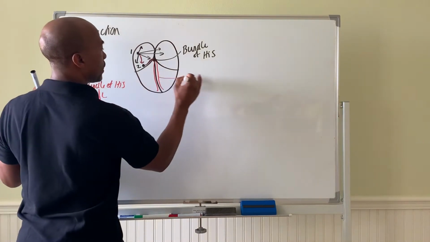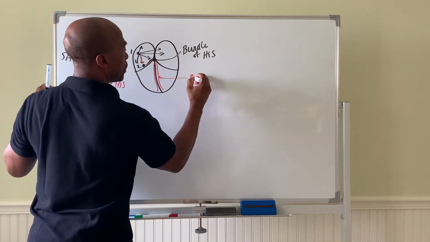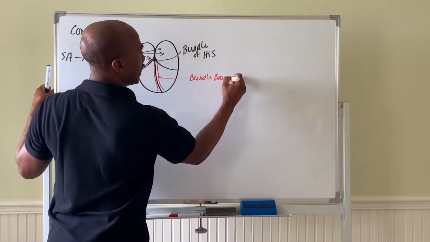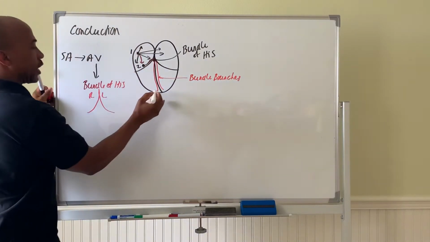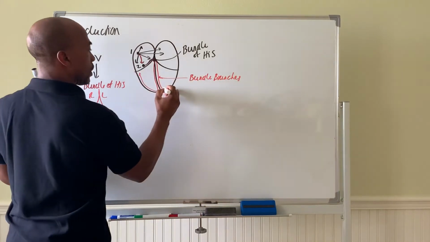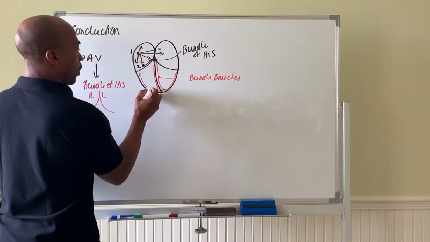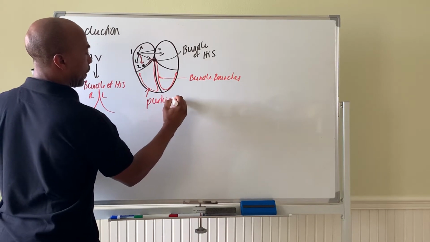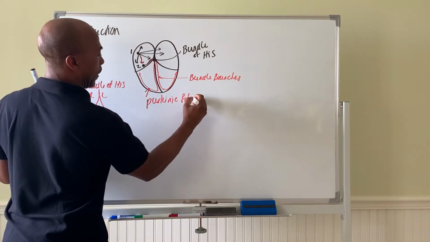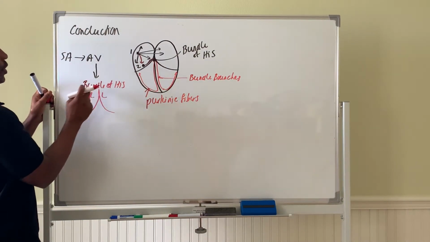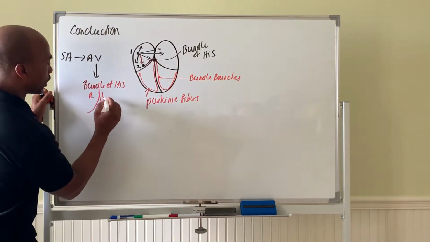We call these bundle branches. And then it goes up from the tip of the heart back up this way. What's called your Purkinje fibers. Okay, so it's SA node, AV node, bundle of His, right and left bundle branches.